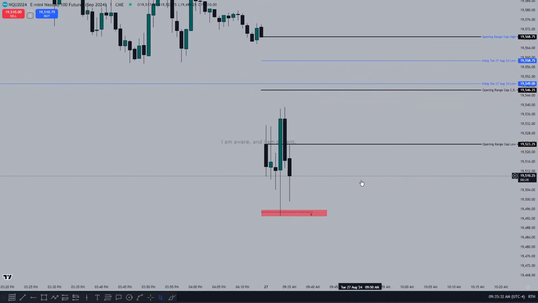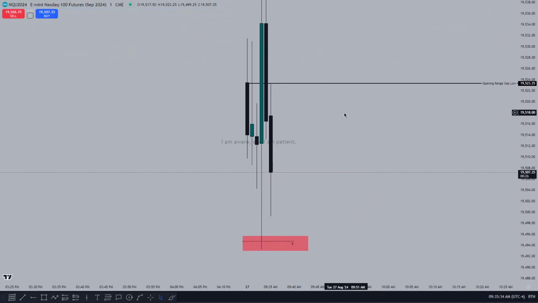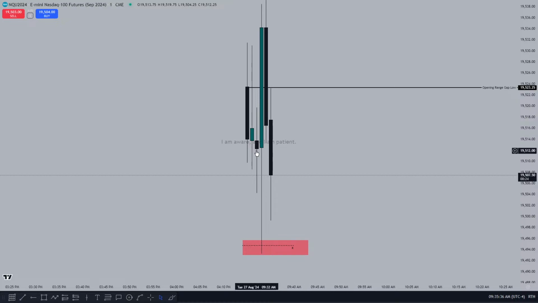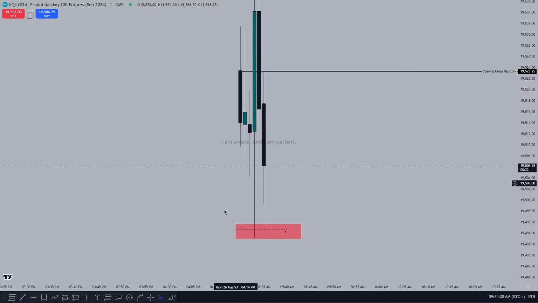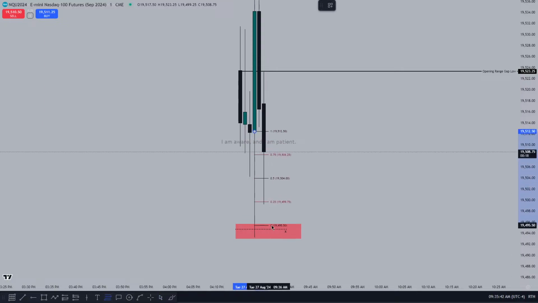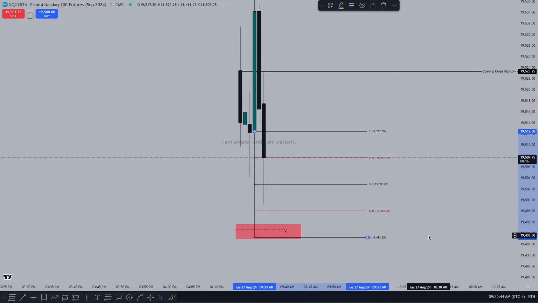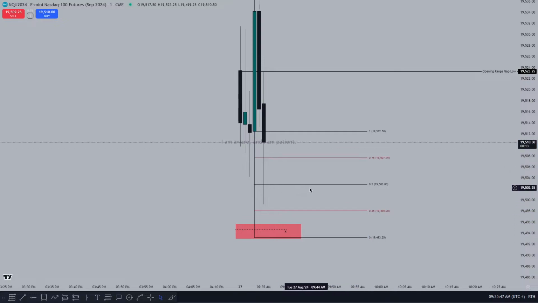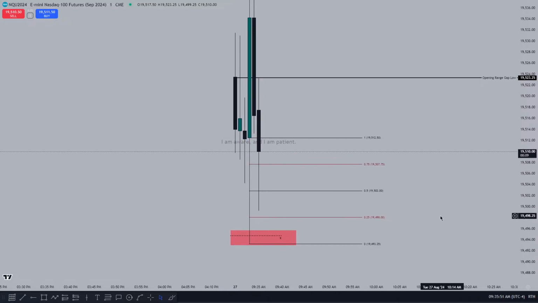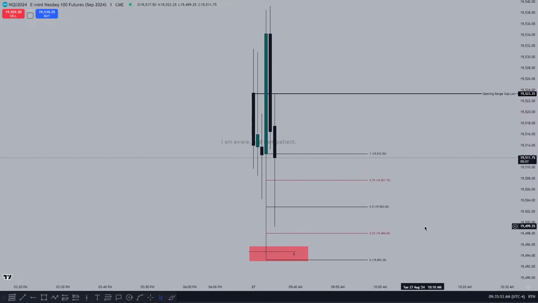I want to see what price does within this wick. We also have that small rejection block right there. I want to see how price wants to react to this wick. So far it rejected off of the 50% level, but it's never too late for a market to make any type of move.